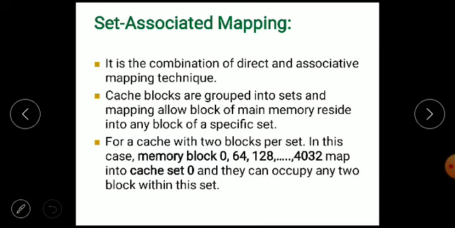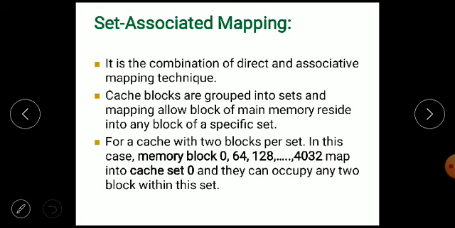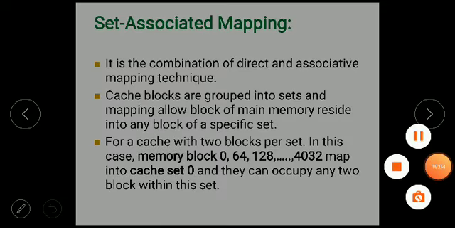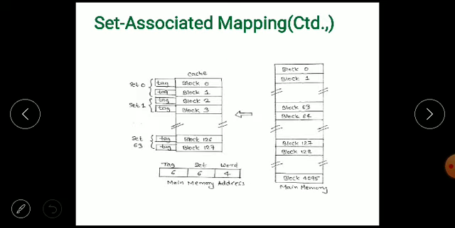Next is set associative mapping. We can say that it is a combination of the direct and fully associative mapping techniques. By seeing the diagram, there will be sets of blocks in the cache memory.